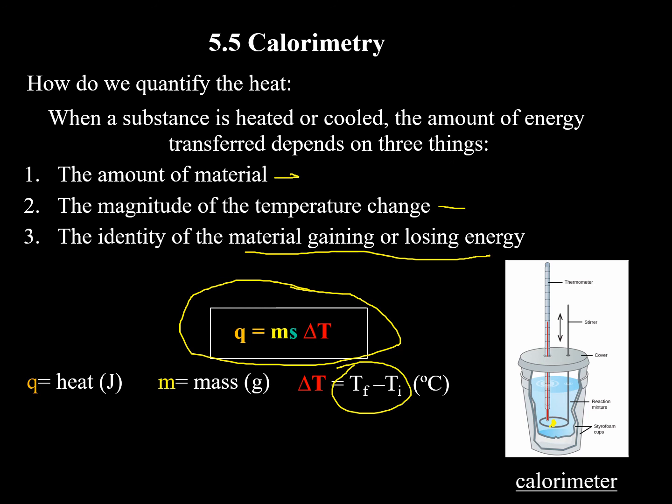If you knew the mass of the meat, the temperature change when you burned it, and the specific heat of the meat, you could figure out Q in joules.